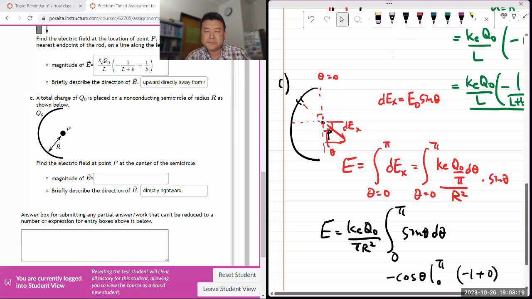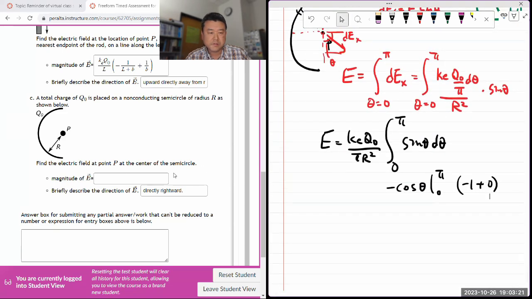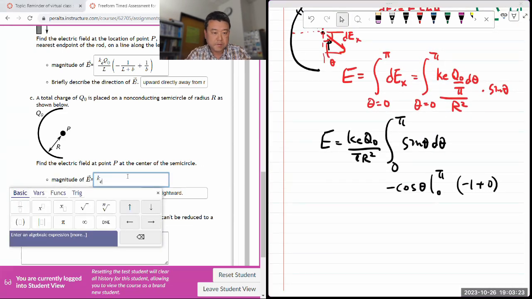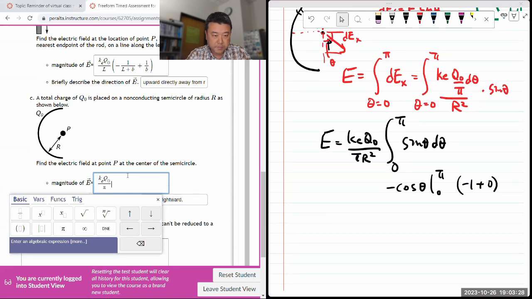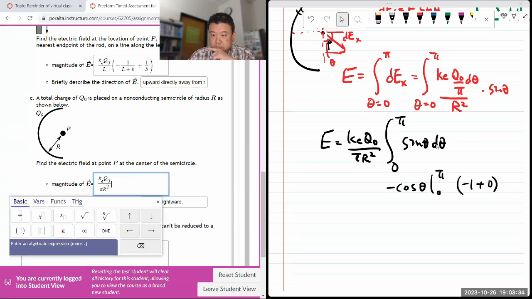Well, doesn't sound right. There's a numerical factor I might be missing, but let me put in something within the time limit. Pi r squared. This will amount to some numerical factor that's either 2 or 1.